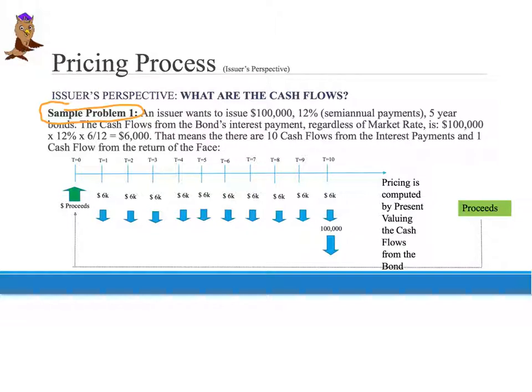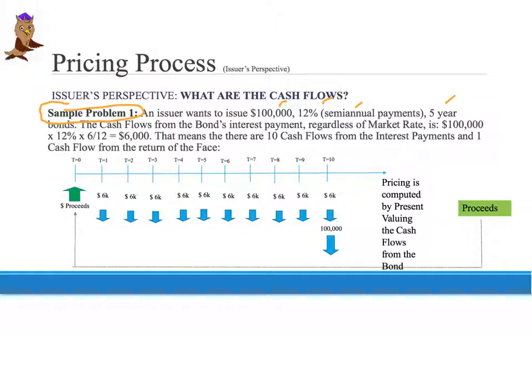The issuer has a bond of $100,000, 12% rate. This is a contract rate, a 5-year term, meaning that if you have semi-annual payments, meaning 2 payments per year, there are actually 10 payments in this case, or 10 periods, I mean.